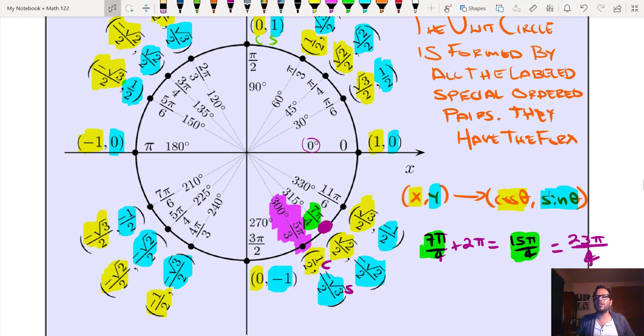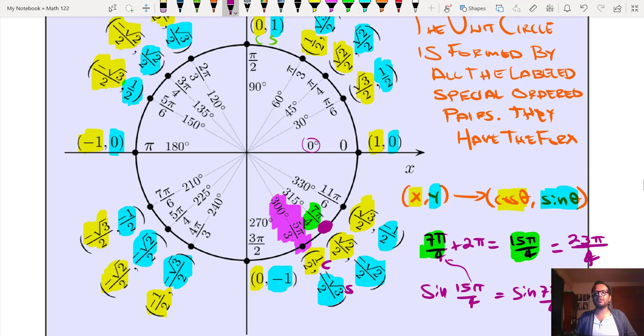If we were asked to evaluate sine of 15 pi over 4, we don't have 15 pi over 4 on the unit circle. However, it is the same as 7 pi over 4, and then we can use the trigonometric values.